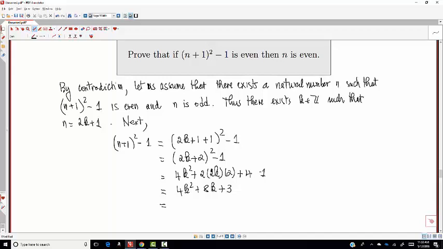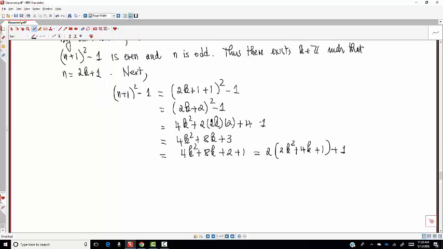In factoring 2 out, I'm going to rewrite this as in fact 4k squared plus 8k plus 2 plus 1, which can then be rewritten as 2 times (2k squared plus 4k plus 1) plus 1.